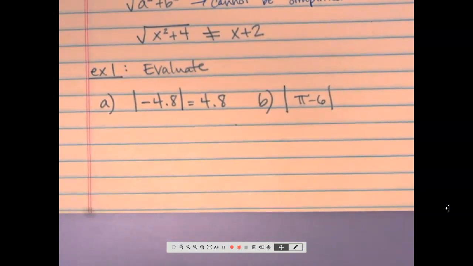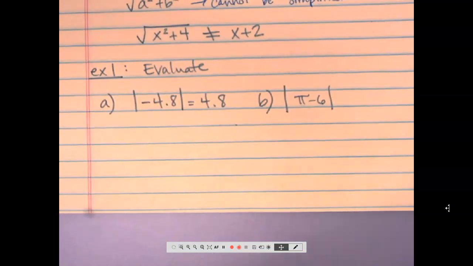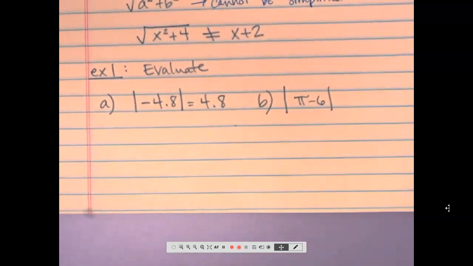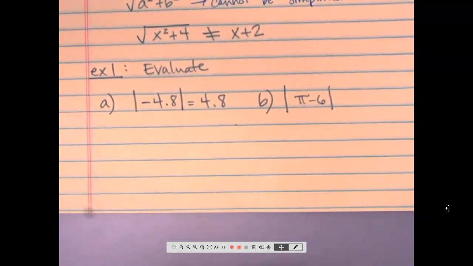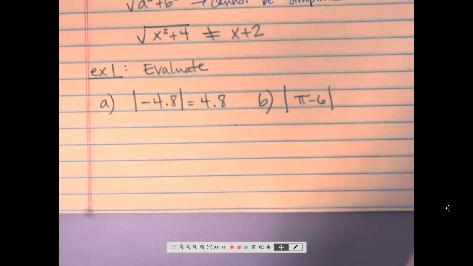Because pi equals about 3.14, and 6 is bigger, right? So you're subtracting a bigger number. Therefore, this quantity is negative. Just think about that for a second. Remember when I said we're going to come back to this idea in a minute? All right, just mull it over, just 30 seconds. See if you can tell me how to express this answer. And I'm going to use pi. I'm not going to turn it into a decimal. See if you can think of what we would do with this crazy thing.